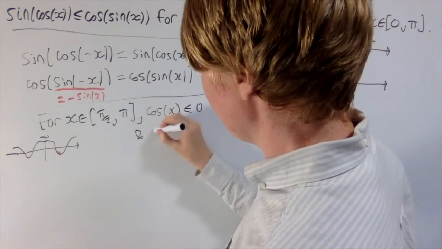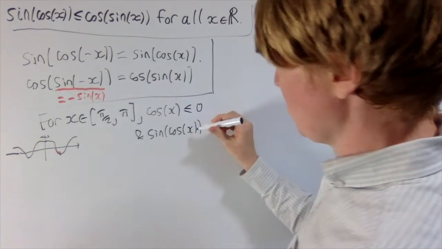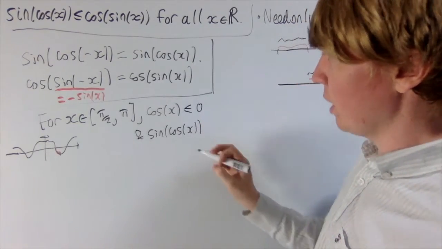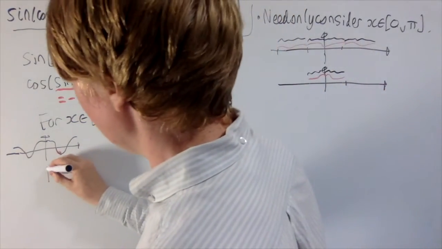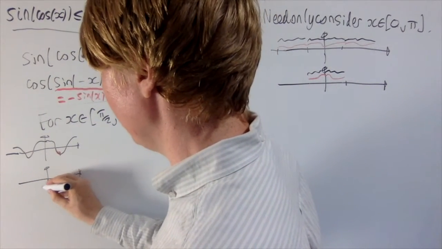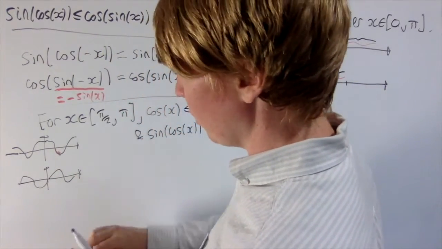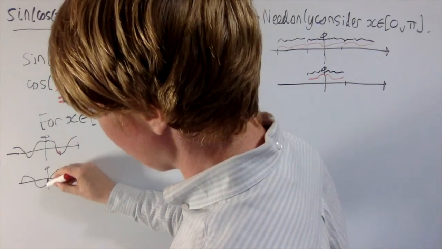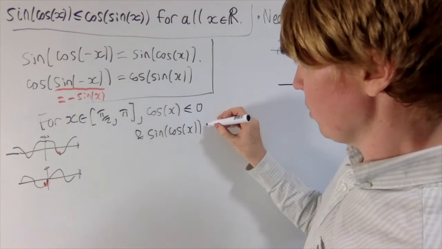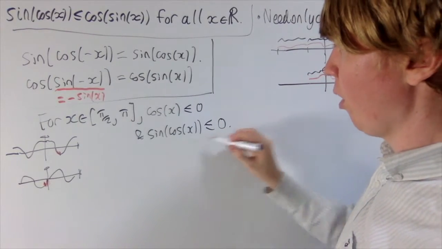So sine of cos of x is always less than or equal to 0. It's between 0 and minus 1. Looking at what happens to sine when you're between 0 and minus 1, on your picture, you're looking at a little region here where this is also negative. So sine of cos of x is also less than or equal to 0.